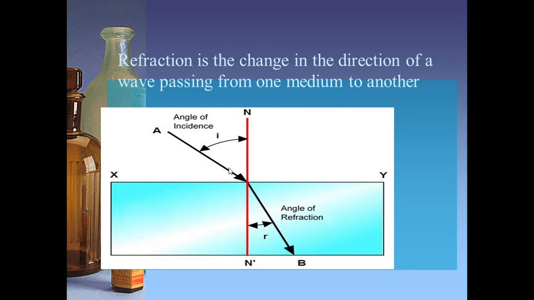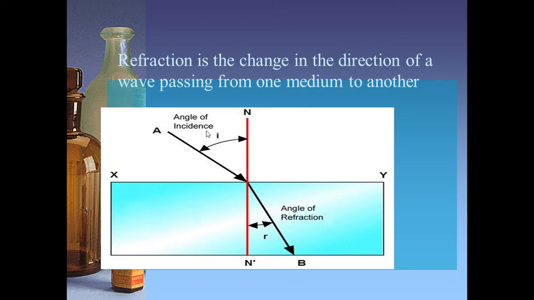So there is the incident ray, and after a part of it is reflected back. Okay, so a part of it enters the medium and it changes its path. Look at that, it is bending.